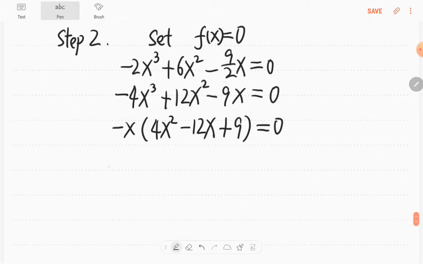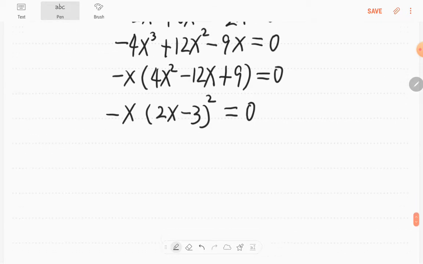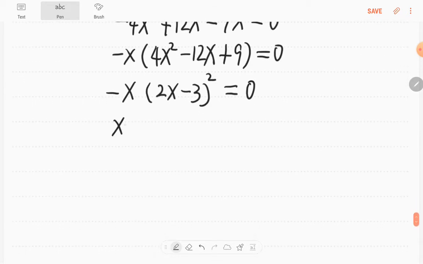We notice that this parenthesis is actually a complete square, which is 2x minus 3 squared equals 0. So x equals 0 is a zero of this polynomial function, and 2x minus 3 equals 0 gives x equals 3 over 2. So these are the zeros.